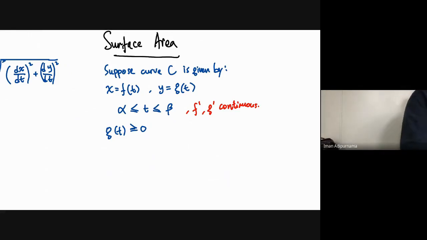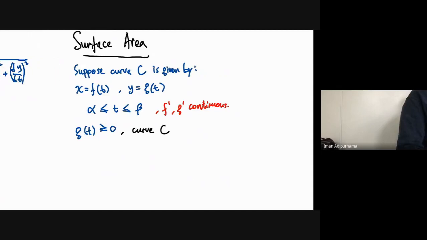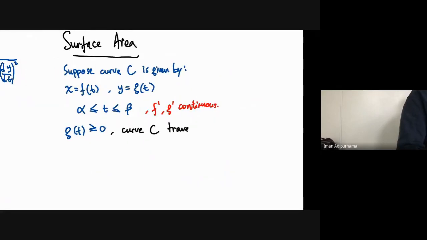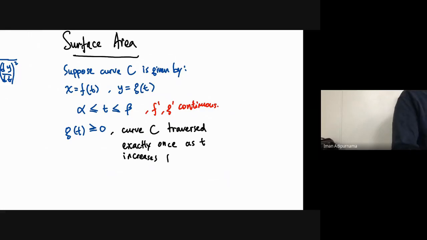And the curve C is traversed exactly once as t increases from alpha to beta.